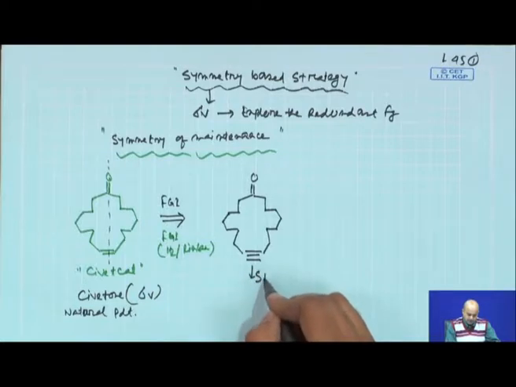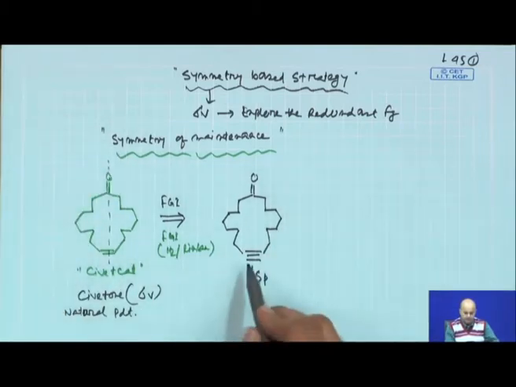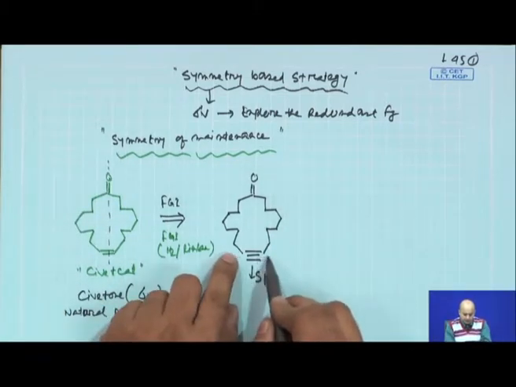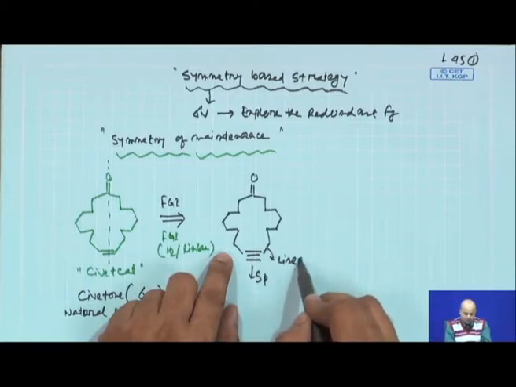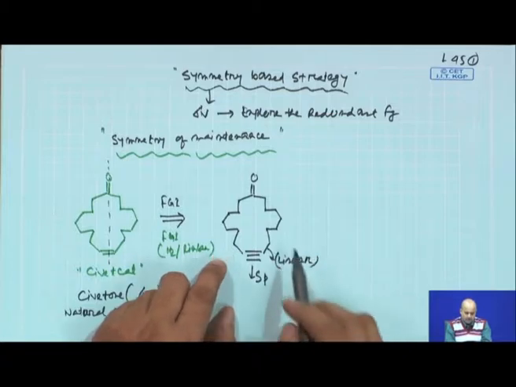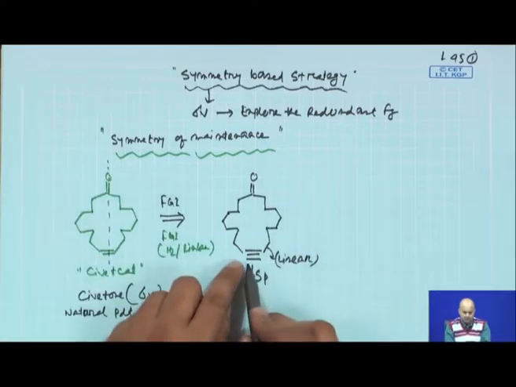and as the ring structure is quite big, this bond has to be linear. We wrote the bond in a bent fashion, but in reality this bond will be linear to fulfill the criteria of sp, and as the ring is pretty large, this alkyne can be accommodated here.